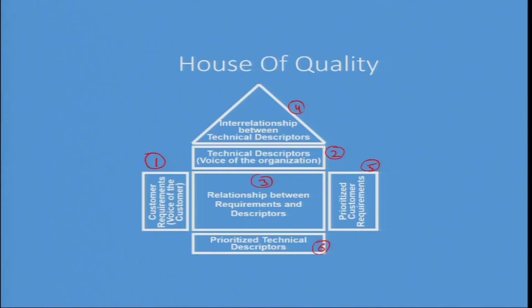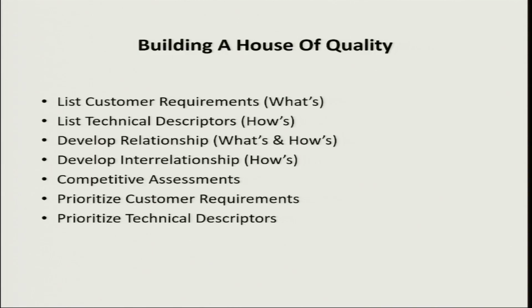So, we discussed this earlier. What are the various steps involved? First, list the customer requirements. Second, list the technical descriptors. Develop the relationship between customer requirements and technical descriptors. Customer requirement is what a customer needs and how these needs can be fulfilled.